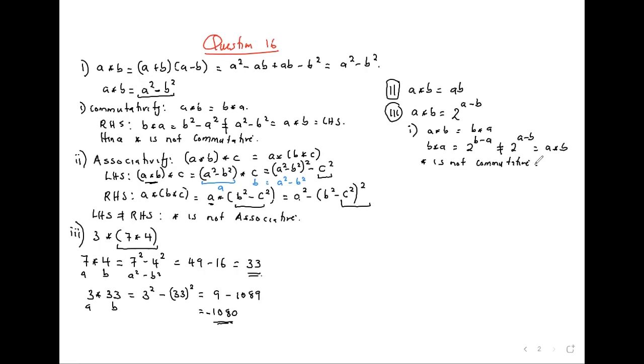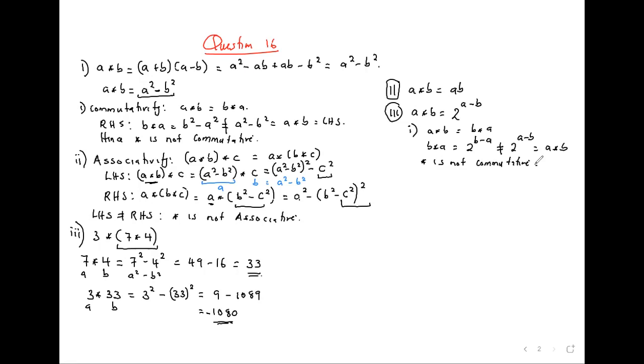So I said once we see a minus, if there is no square around that minus, you say, okay, it's not commutative.